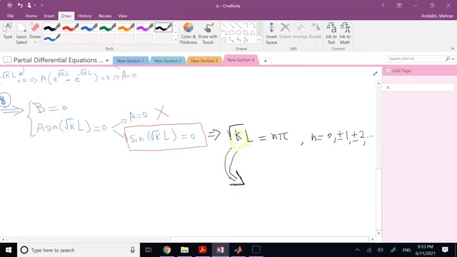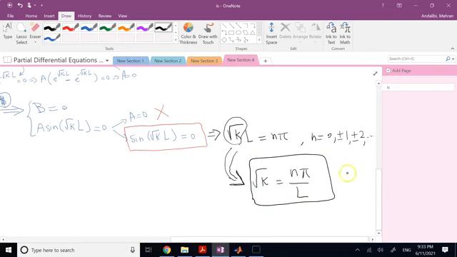It tells me that this square root K that I was looking for should be n pi over L. Okay, and if I replace this, let me call it equation, whatever you want to call it.